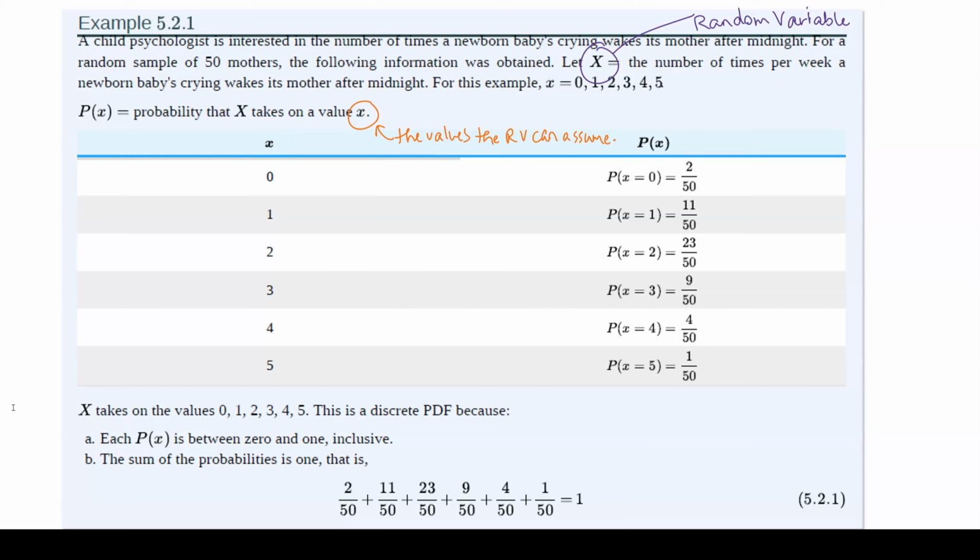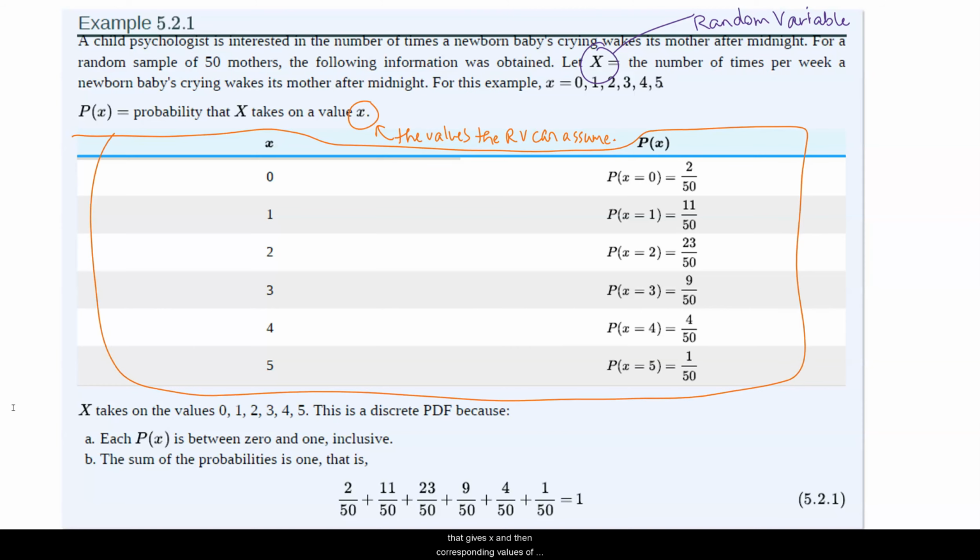This table here that gives X and then corresponding values of probability is what we refer to as our discrete probability distribution. Sometimes this is a probability distribution function, a PDF for short.